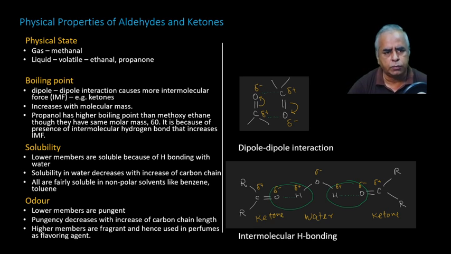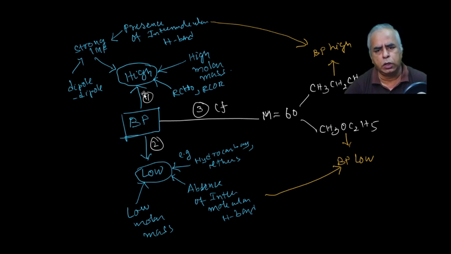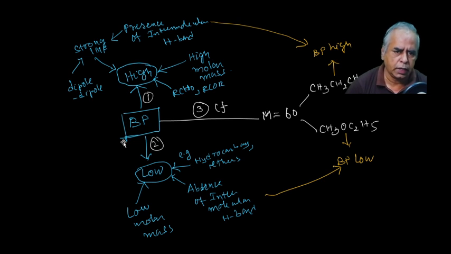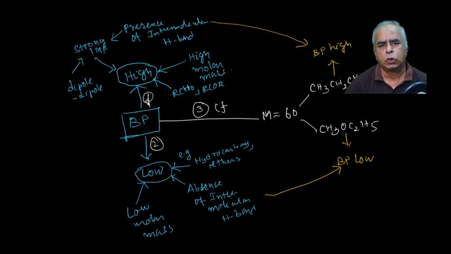And if you want further details about the boiling point, it can be expanded. For example, let me talk about boiling point here. A high molar mass means a high boiling point, and a low molar mass means a low boiling point.